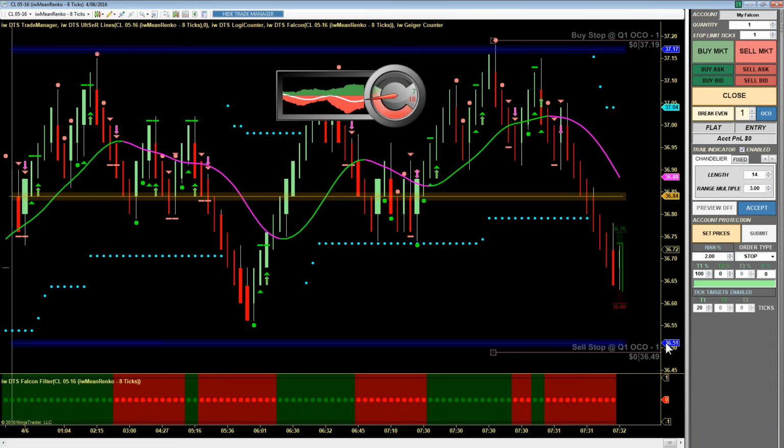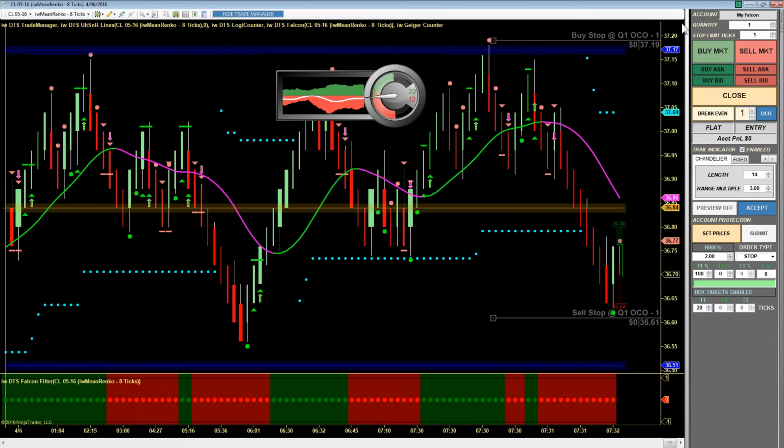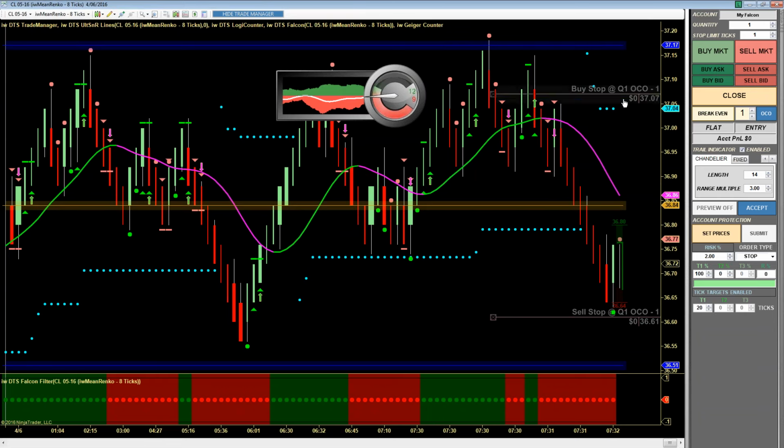Well, you know what I can do? Because this is a demo room, I'm going to show you how the OCO function works. So I'm going to bring this in a little bit tighter now. I'm going to bring it in right below that low. And I'll bring it in above the median line on the buy.